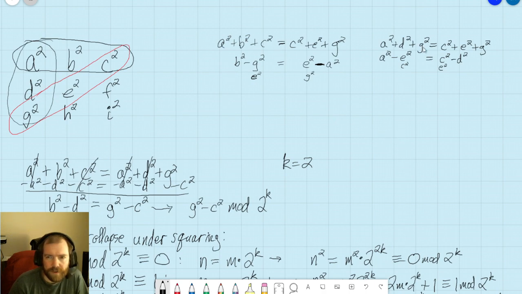I'm not sure if there's any other connection I can make here other than the same ones I had down below. Each of these things on either side has to have either the same parity or the opposite parity, depending on the modulo value, mod 4. And let's see.